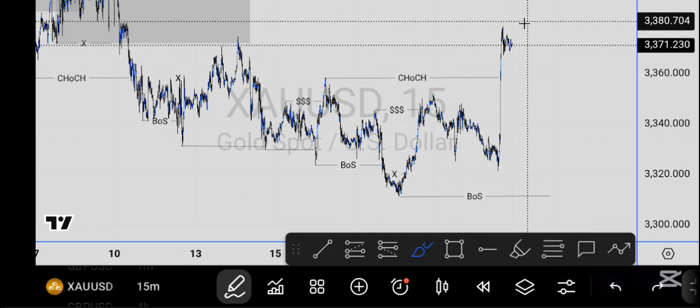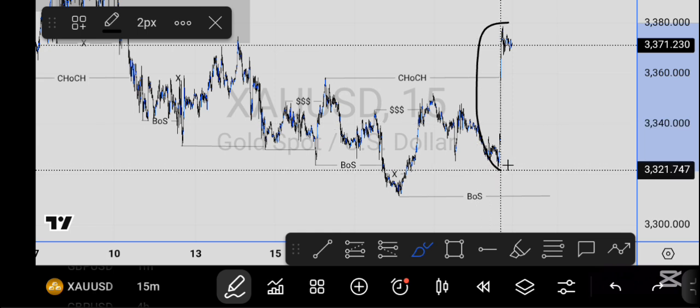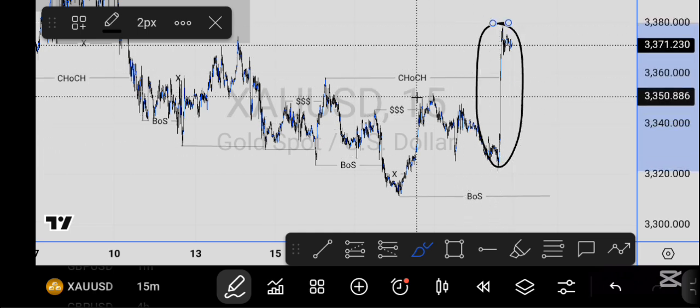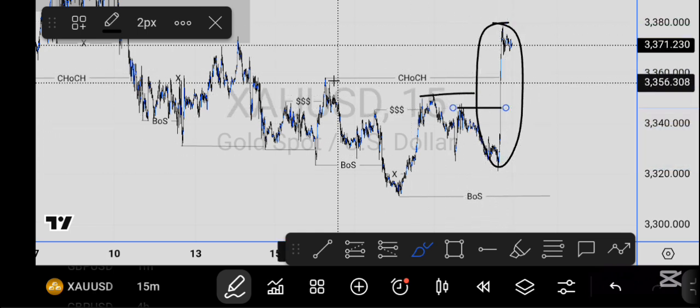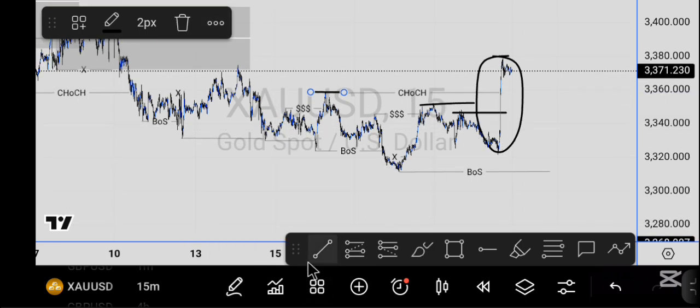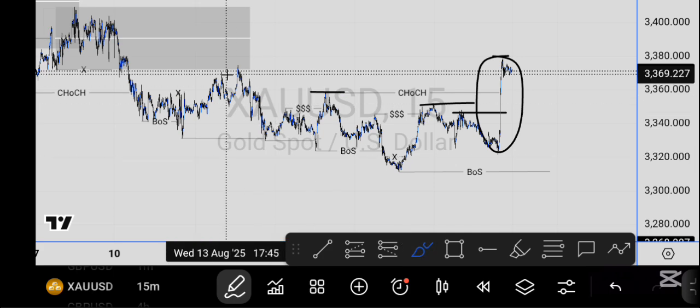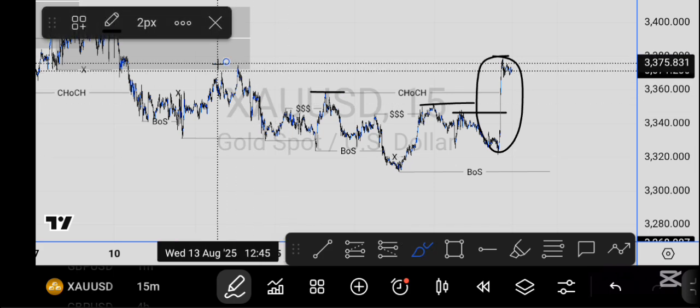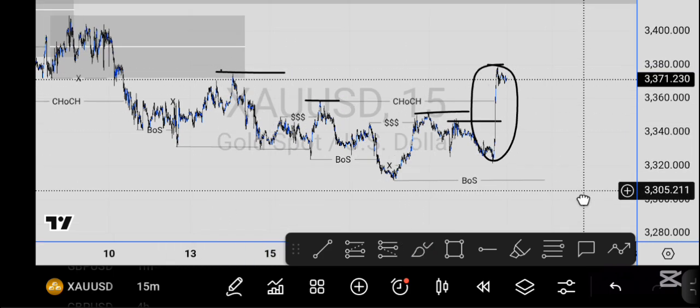So this move could just be a pump in price to take out liquidity from all of these zones. You can see price took out all of those zones, everything. See, and this one and this one. And immediately it stopped.